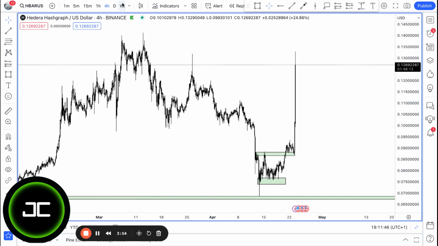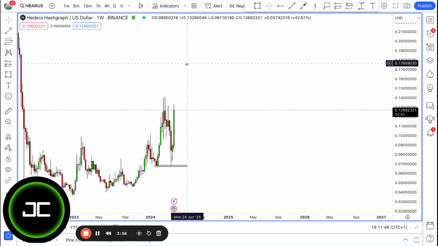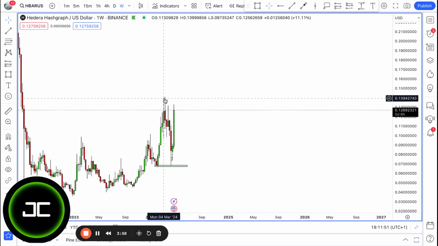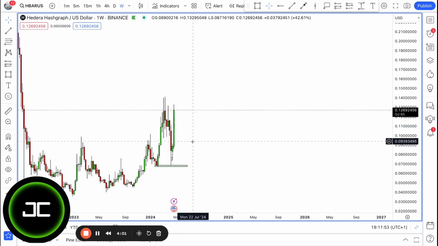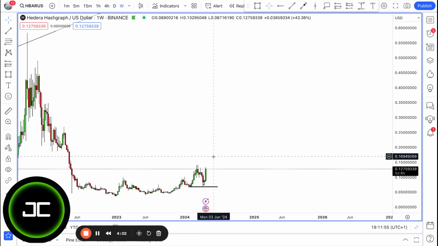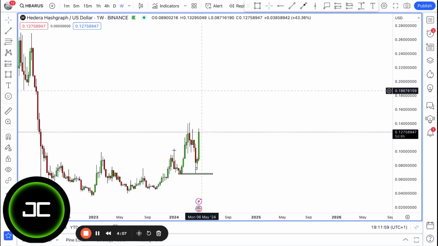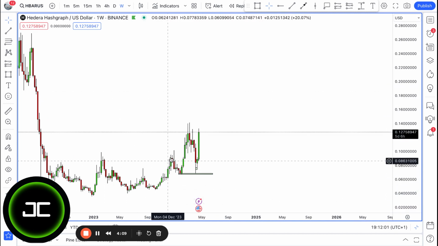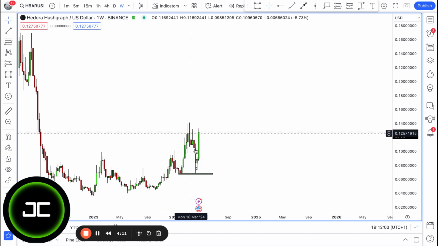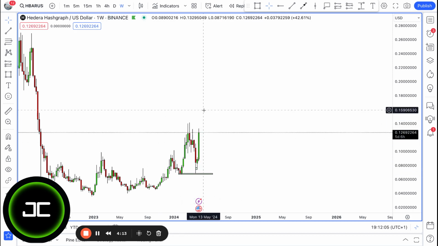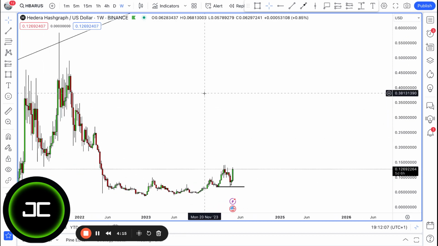We're back up to this high that we put in March, which is a really good sign. So to me, what I'm looking for now is for a high, because when you're in an uptrend, you put in a high low, high low. What comes after a high low? A higher high.